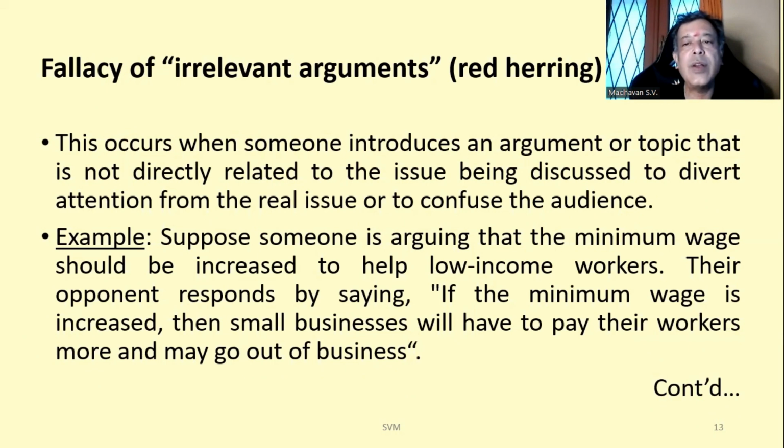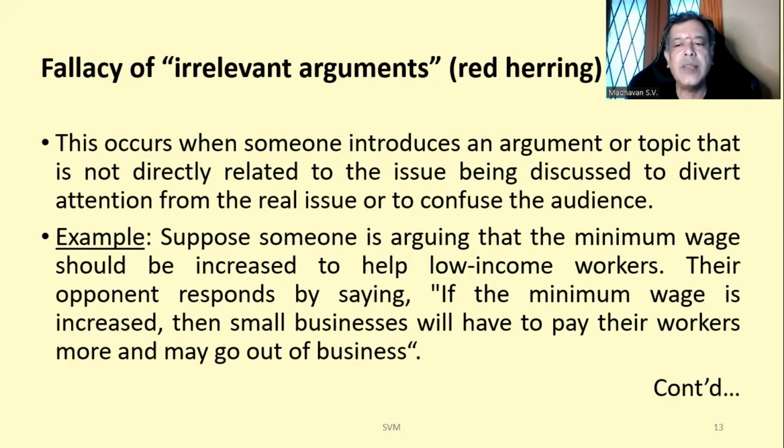Fallacy of irrelevant arguments is also called red herring. This occurs when someone introduces an argument or topic that is not directly related to the issue being discussed, just to divert the attention from the real issue or to confuse the audience. For example, suppose someone is arguing that the minimum wage should be increased to help low-income workers. That is the argument.